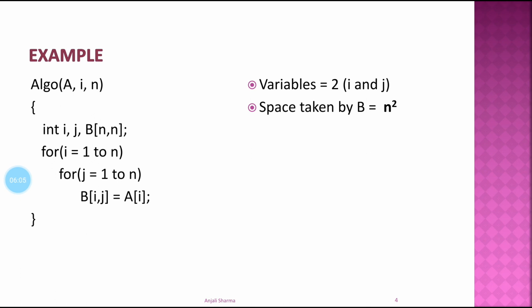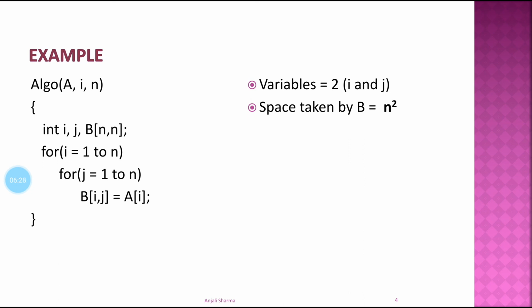And if we have an n cross n matrix, then the number of elements present should be n into n, right? So if we have a 2 cross 2 matrix, the total elements will be equal to 4, that is 2 into 2. So how much extra space will be required in an n cross n array? That will be n into n. तो कितना space लिया? N square space लिया, that is the extra space.